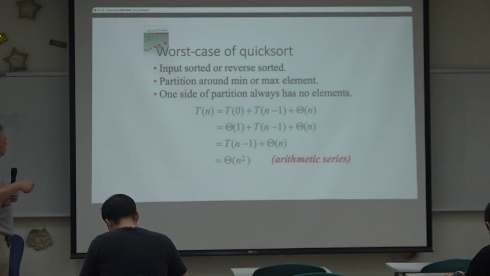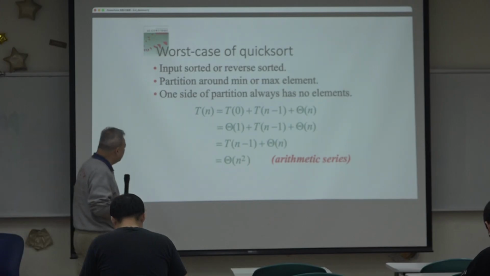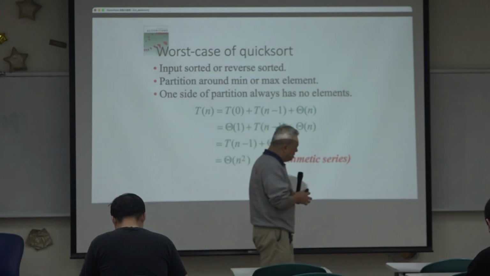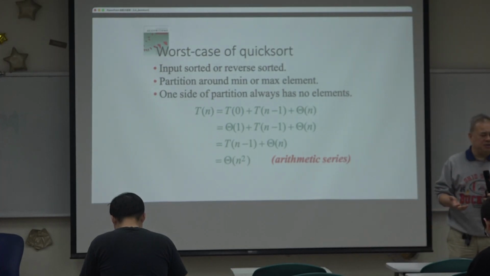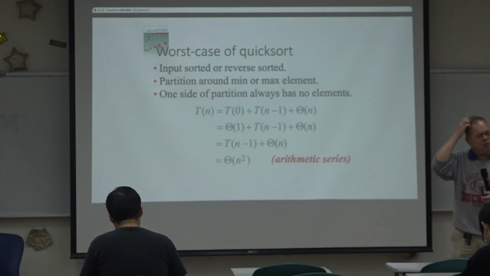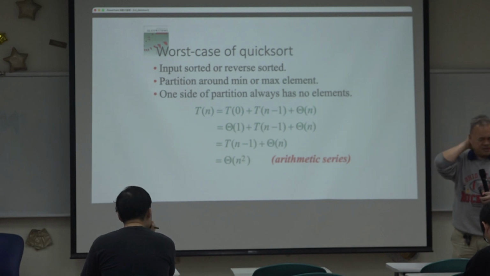So if you try to list, when will the quicksort give you the worst case? It is when your numbers are already sorted.